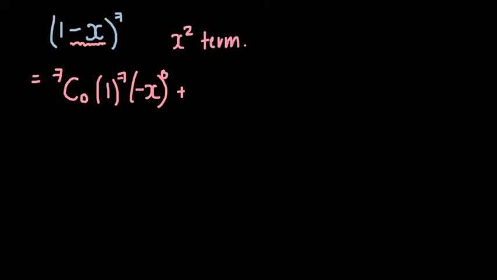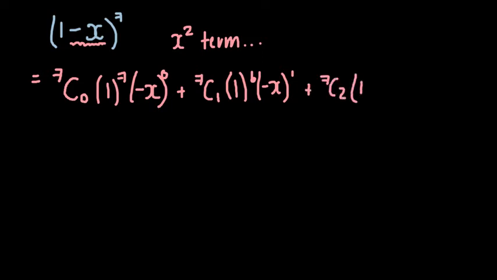Let's not expand all the way, just go up to the x squared term. So there's my first term. Next one, 7 choose 1, 1 to the power of 6, minus x to the 1. 7 choose 2, 1 to the 5, minus x squared, and that's going to give me an x squared term. So I can show that it's going to continue, but otherwise I can stop.